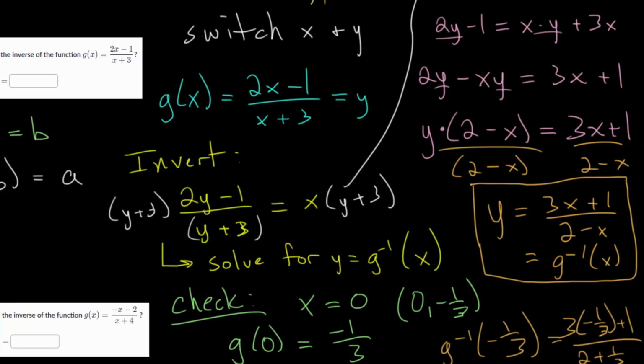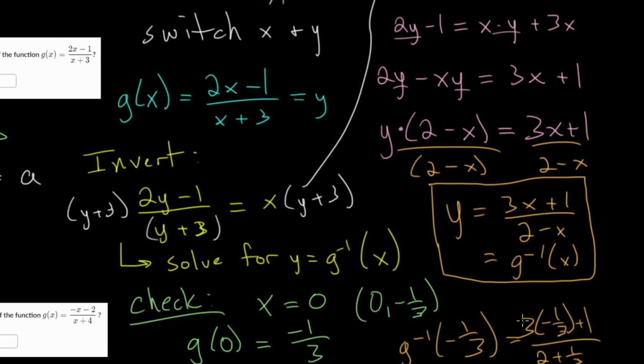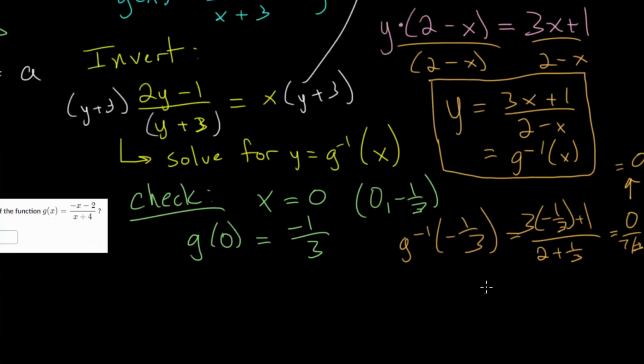Let me just move over just a bit more. And notice that in the top, the 3's would cancel, and we get -1 plus 1. So we get 0 over 2 and 1/3, which we could rewrite as 7/3. But 0 divided by anything is 0. So this does equal 0, which means that our inverse function does go through the point we were hoping for. It goes through at (-1/3, 0).